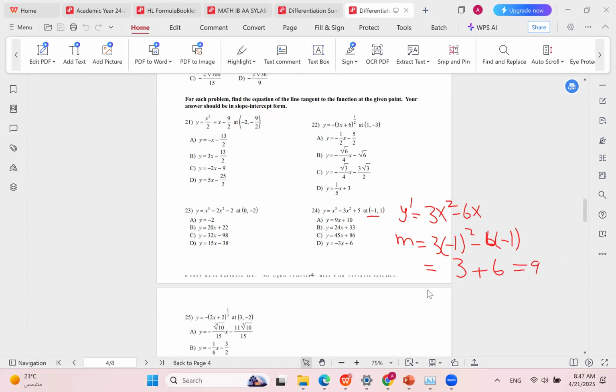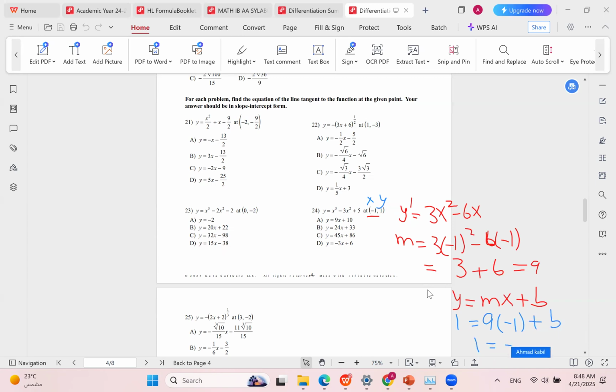Now we want to get the b, so y equals mx plus b. We know that the m is equal to 9, and we know that the y is equal to 1. How do we know that? We know that from the point here. This is x and this is y. So 1 equals 9 times -1 plus b.